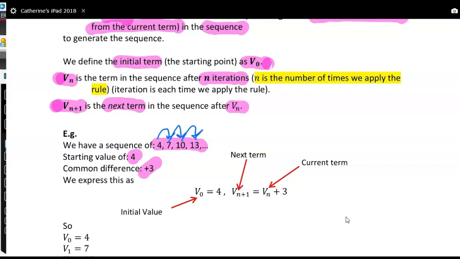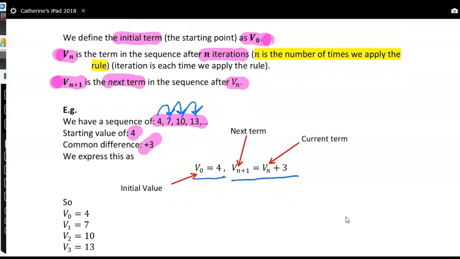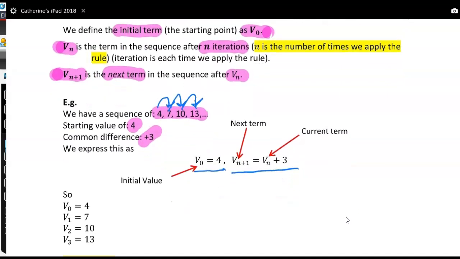So we can express this as V0 equals 4, comma, Vn plus 1 equals Vn plus 3. Now, this is a recurrence relation.